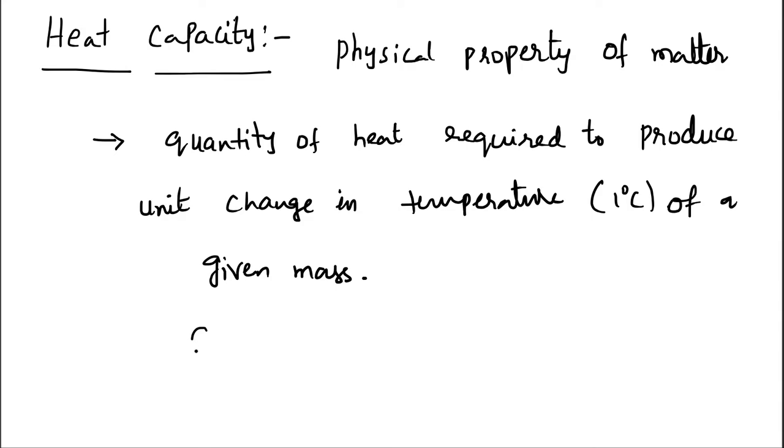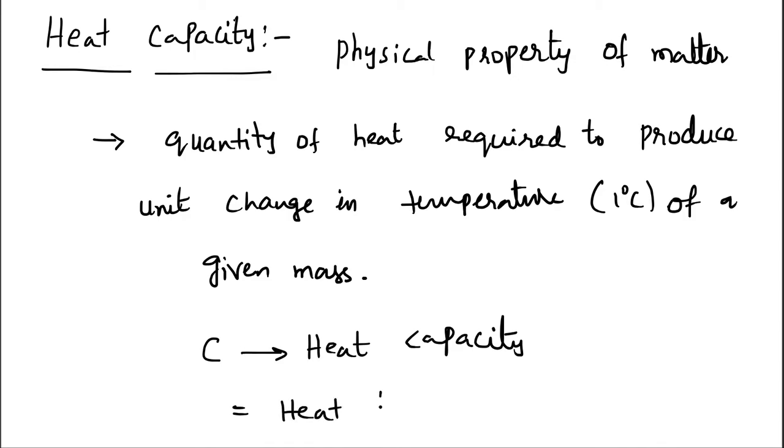Now, what is the C here? Heat capacity is represented by the letter C. C is the heat capacity of the object, and this is equal to the heat required to raise 1 degree temperature, or the heat released when 1 degree centigrade is lost by the object.